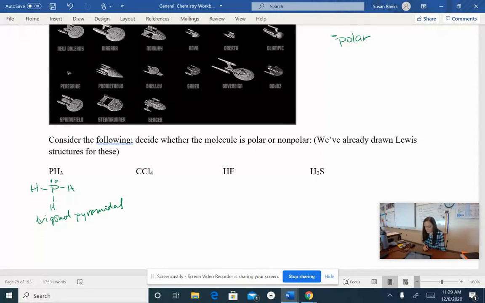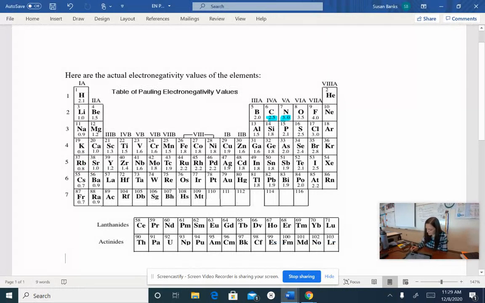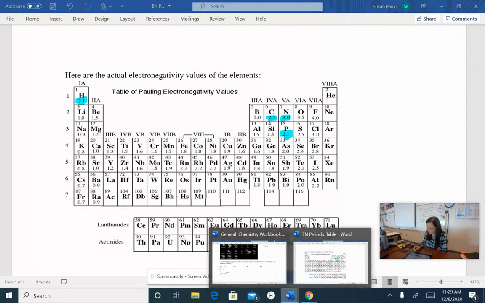The next thing I need to do is look at the difference in electronegativity. So I'm going to look up the electronegativities of hydrogen and phosphorus. So phosphorus is 2.1 and hydrogen is 2.1. Okay?